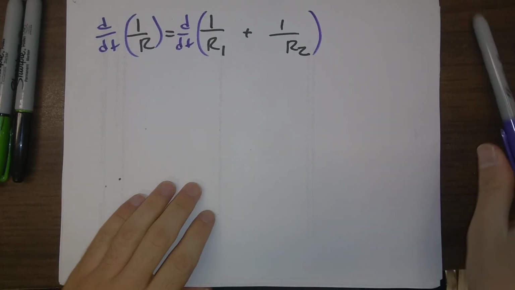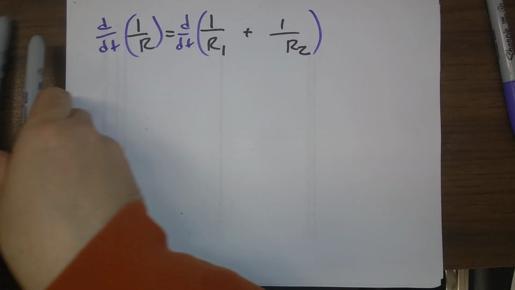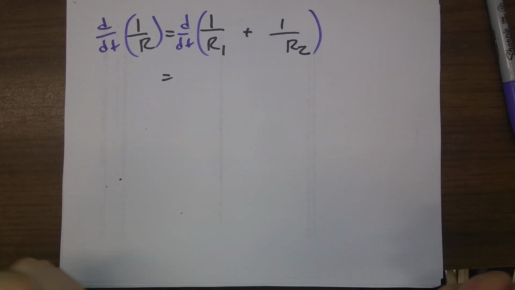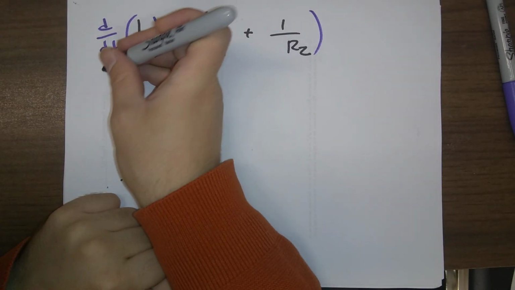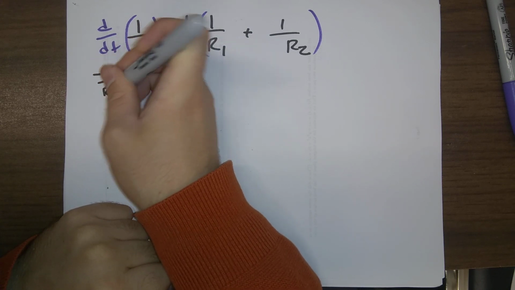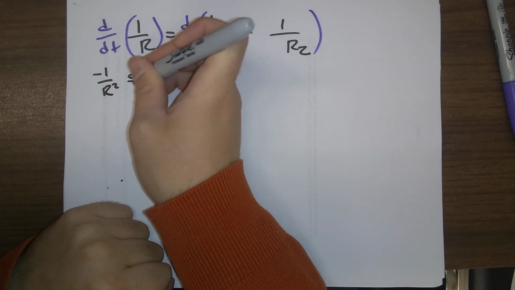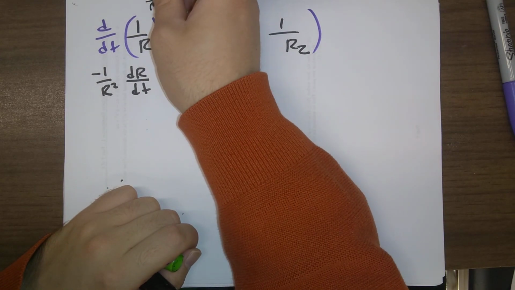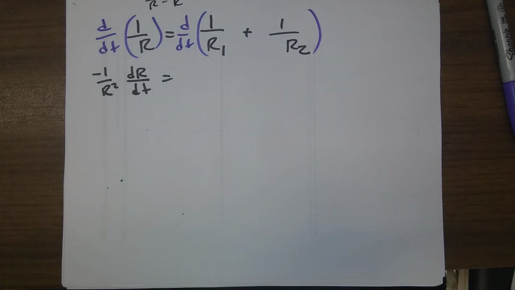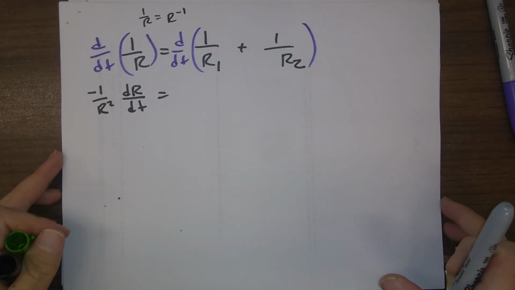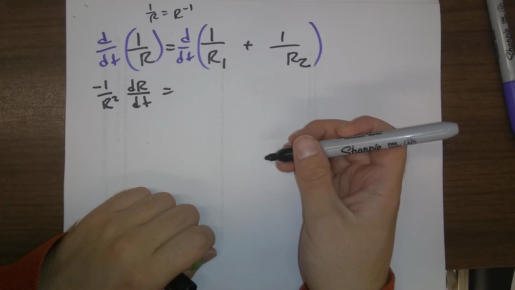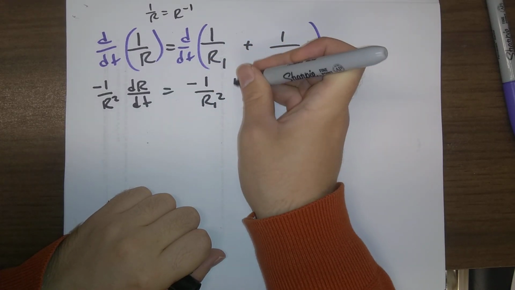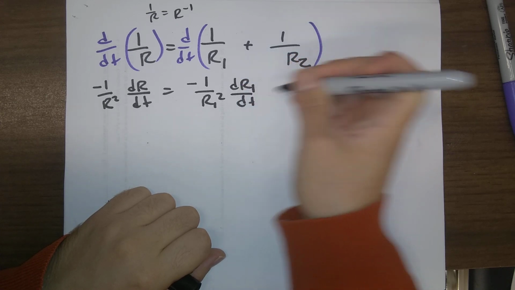And so what do we end up with? The derivative of 1 over R is minus 1 over R squared times dR/dt. All of these we're basically using the fact that 1 over R is equal to R to the minus 1, and we're just using the power law at this point. 1 over R1, that derivative is minus 1 over R1 squared times dR1/dt.